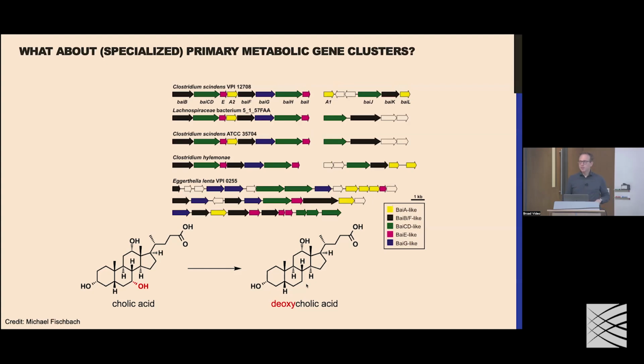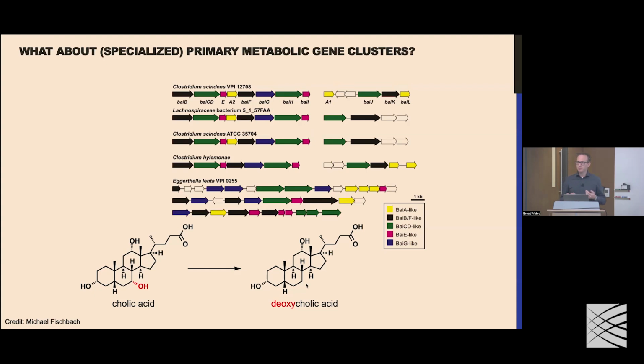Yeah. So then at some point we also became interested, and this was in a collaboration with Michael Fischbach, who was at Stanford University, and I spent some time in his lab about 15 years ago when I was a PhD student. He basically came to me and said, well, actually in the gut microbiome, there are so many of these primary metabolic gene clusters that are also frequently strain or species specific and really drive the ecological niches of the bacteria that harbor them. For example, you have gene clusters for converting primary to secondary bile acids.